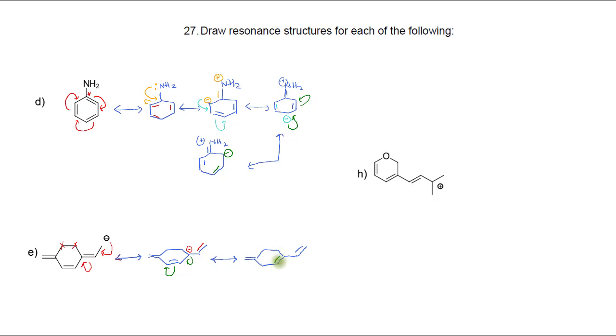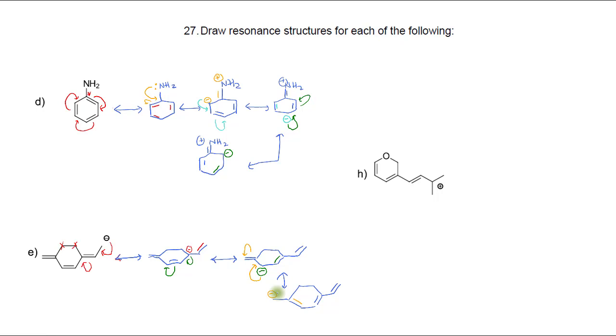So I form a double bond here, minus charge here, and then these can go here and go onto that carbon. And those are all of the resonance structures.